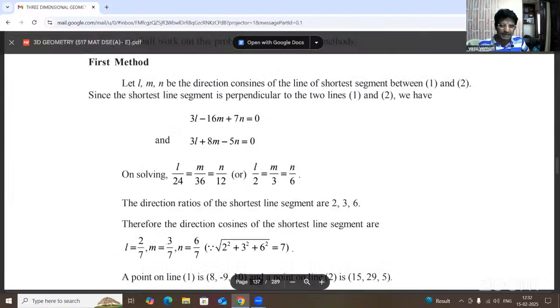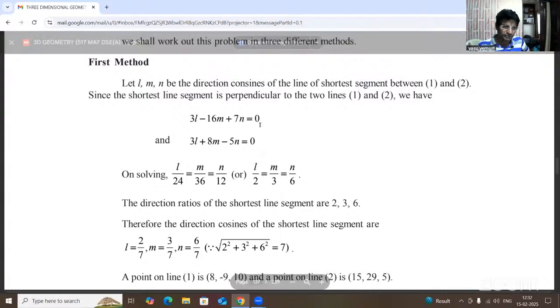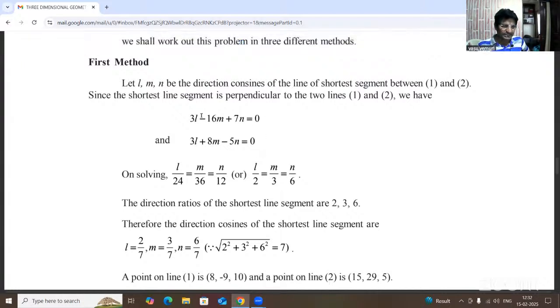Now apply the cross multiplication rule on both. The value of L is minus 16 into minus 5 minus 7 into 8, so 80 minus 56, which is 20.